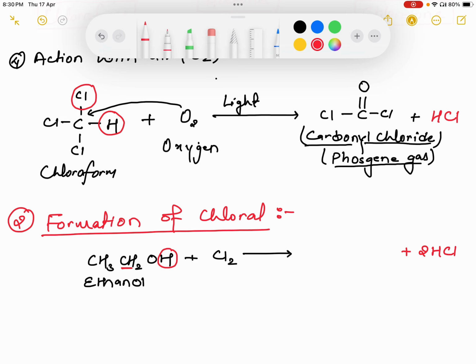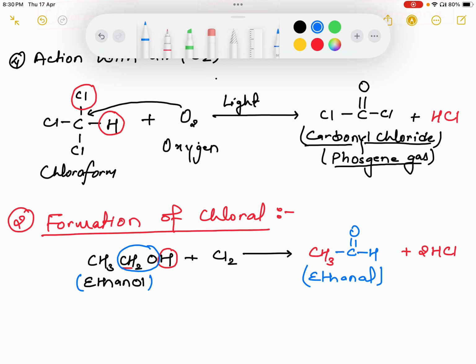And other than that, there will be the formation of CH3, and this group is going to transform into an aldehyde. That is, it will be transformed into C double bond OH group. That is, it will turn into ethanal. The ethanol will transform into ethanal when it is being treated with chlorine.